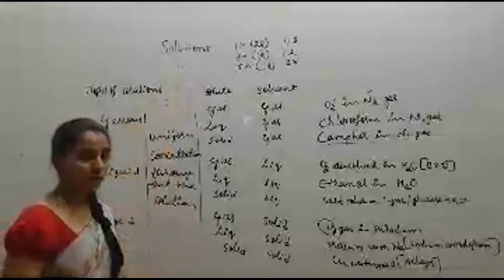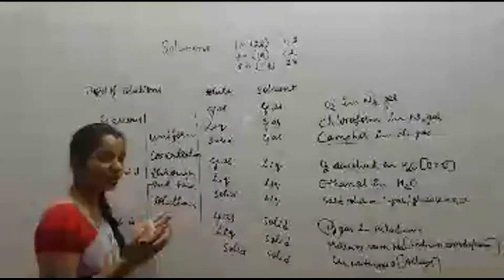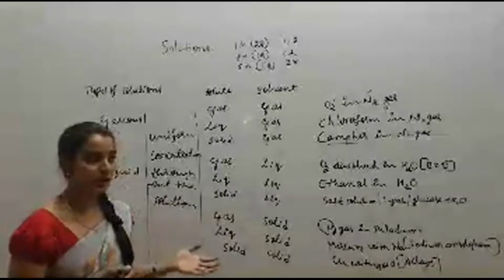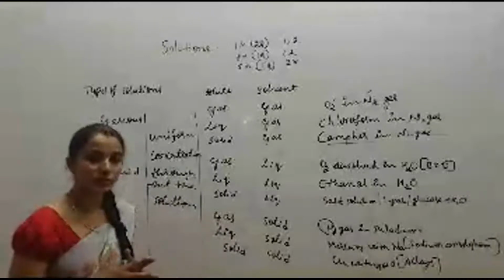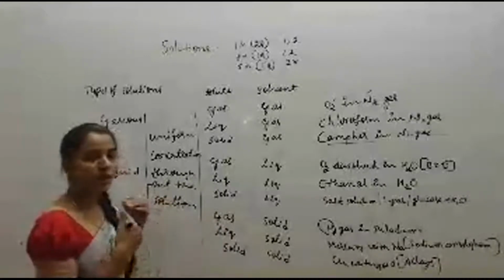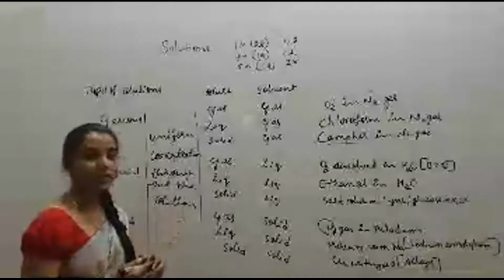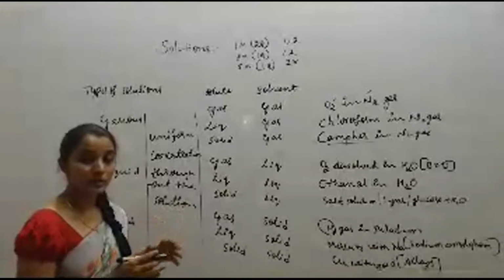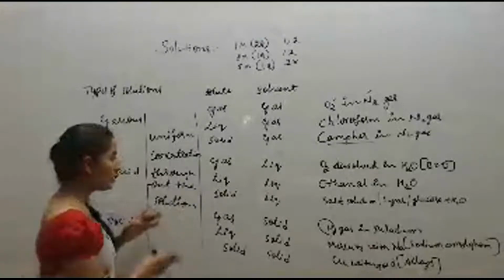So what happens if it is heterogeneous? Assume a mixture of two different seeds. Okay, ragi is there, jowar is there. If you mix both of them, you may distinguish them. You may separate the layers by a physical process like filtration or separation. Okay, so by that you may distinguish them.